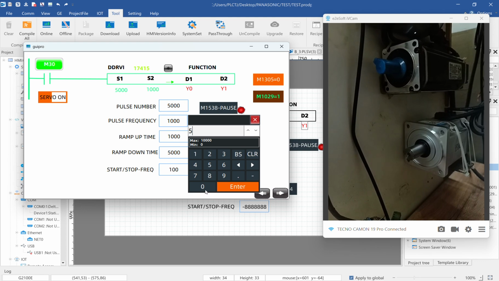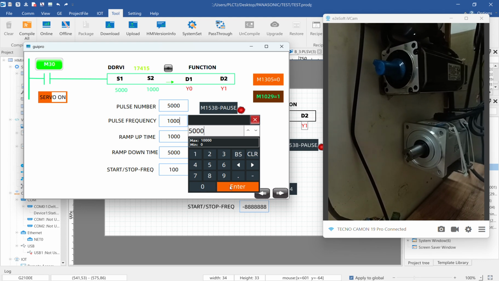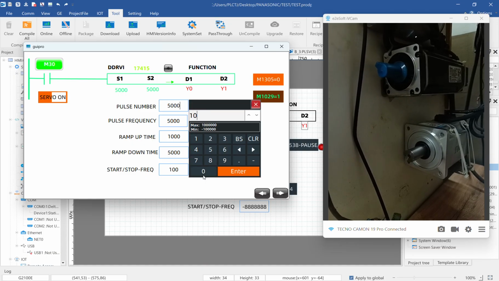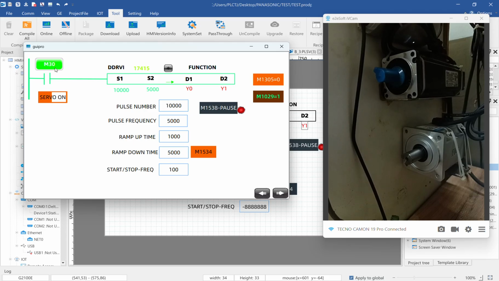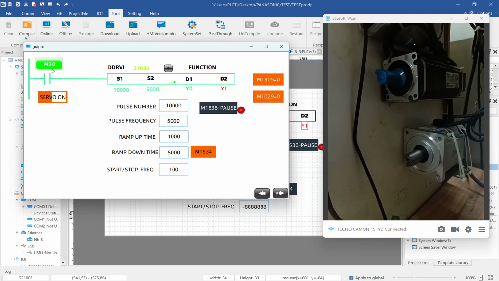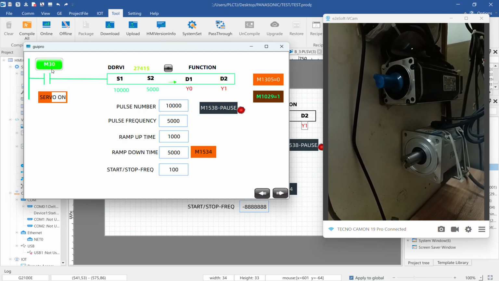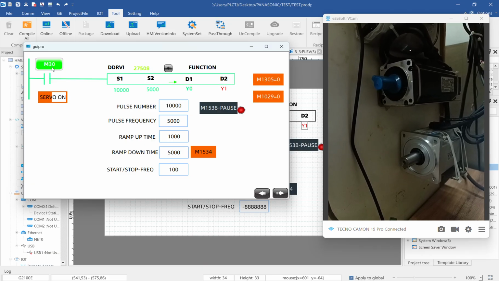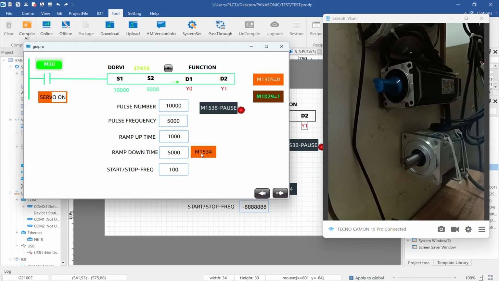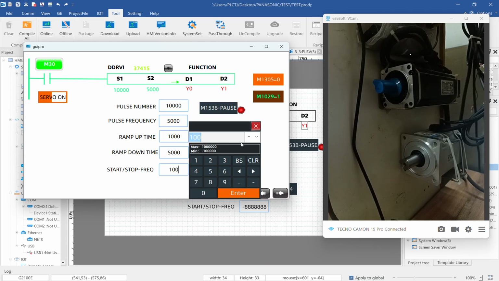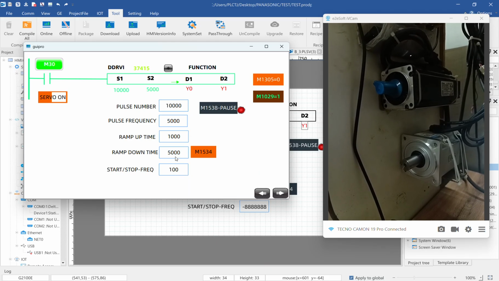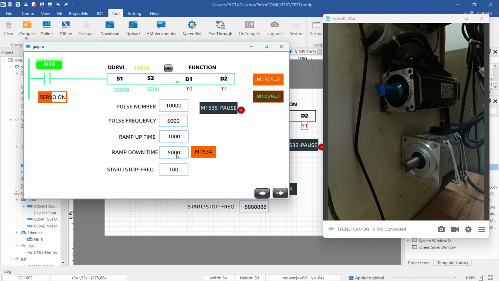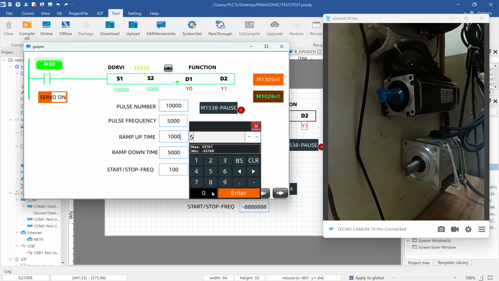I will increase the number and speed. Now it's the same because ramp up and ramp down are the same. I will change it: down is 5 seconds and up is 1 second. Make it the same.